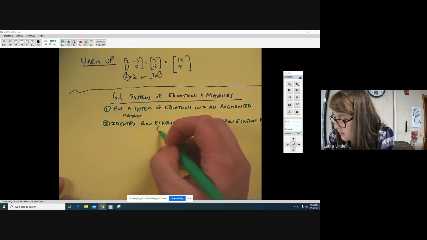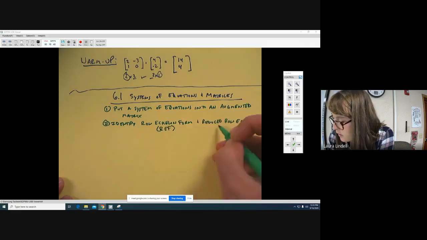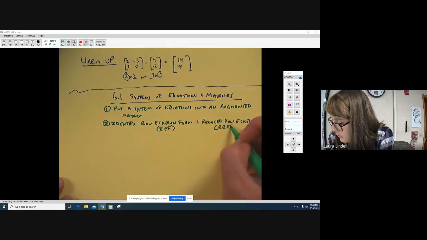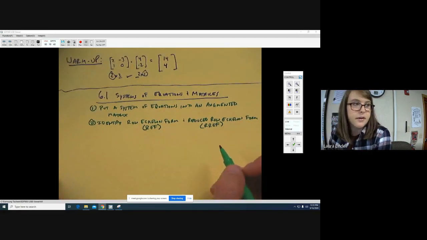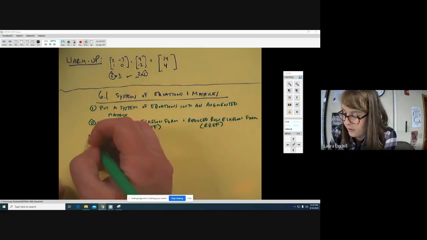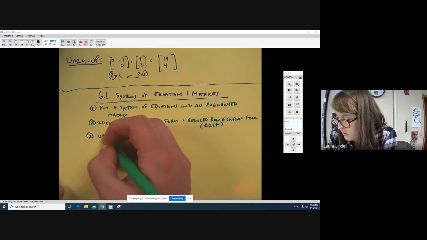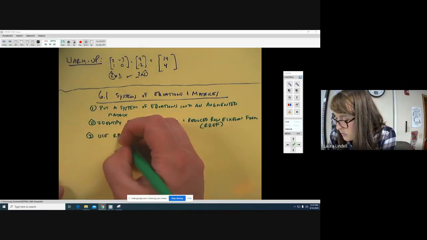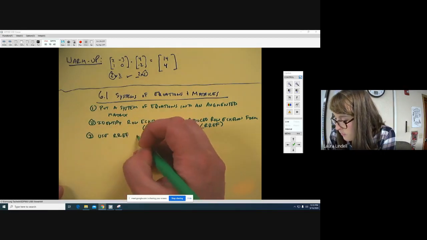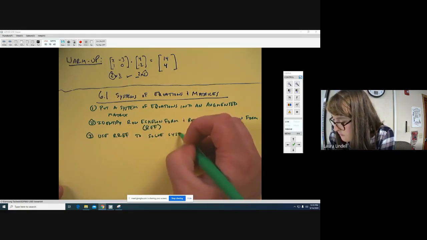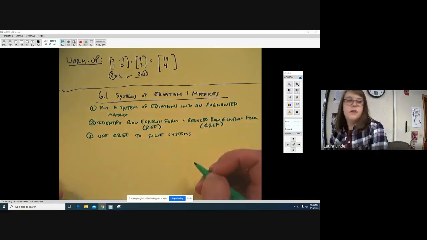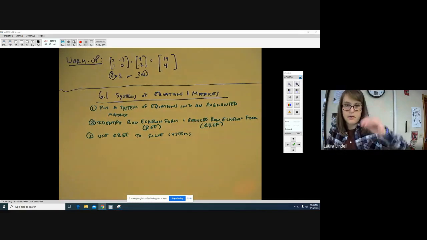And the abbreviation for this, which is REF and RREF, since we don't have to go around writing row echelon and reduced row echelon all the time. And then the third thing, use reduced row echelon form to solve systems. Okay, so that's where we're going today.